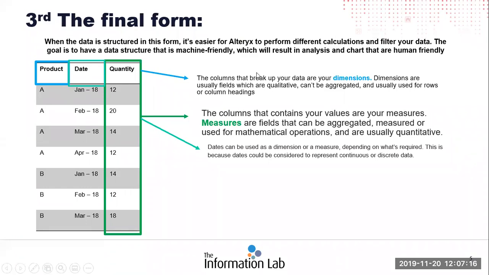So here you can see that we're breaking it up by our dimensions and by our measures. Date is kind of a special one because within your date column, you'll format this to be a date field within Alteryx, and date fields have specific formulas for them, and they function in a different way.